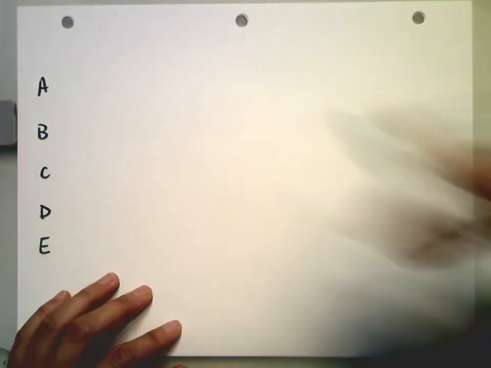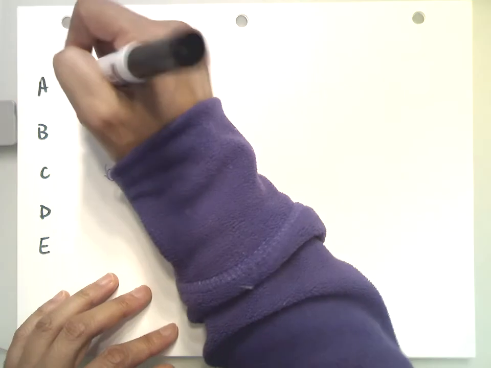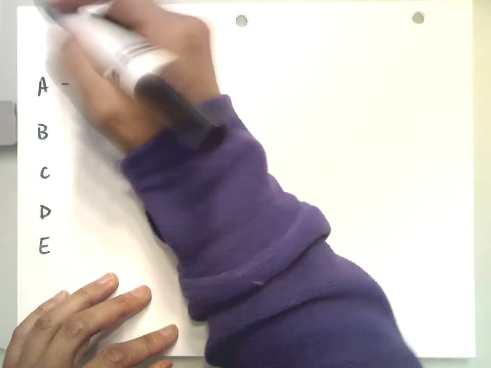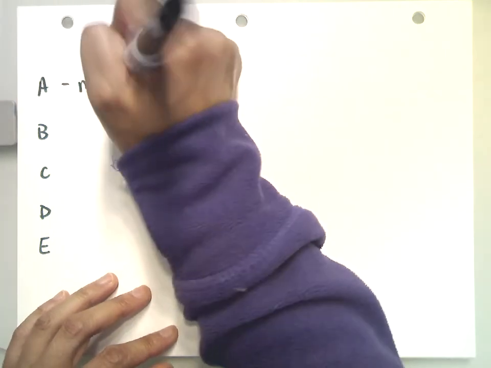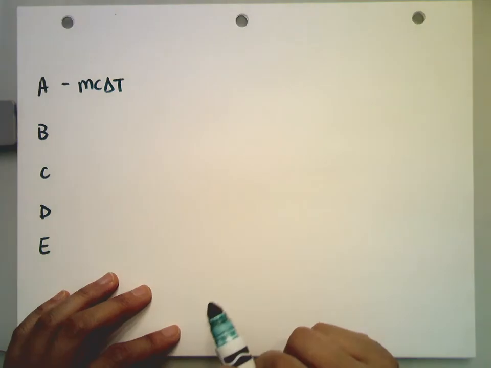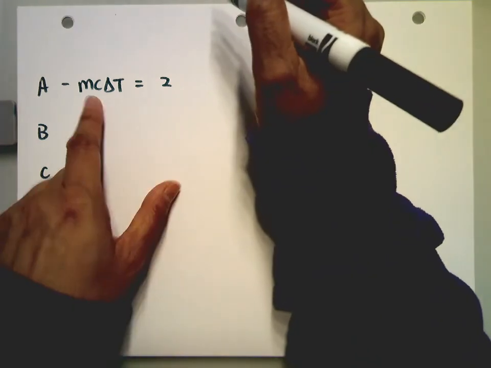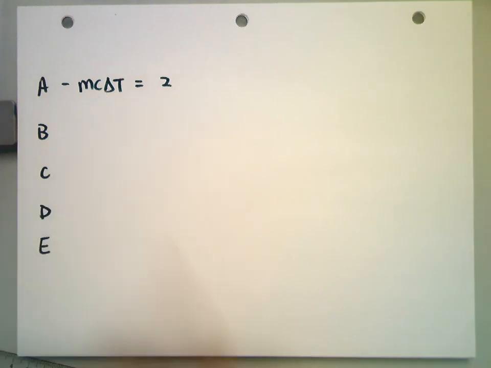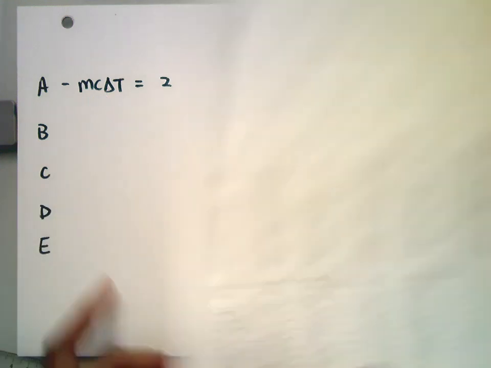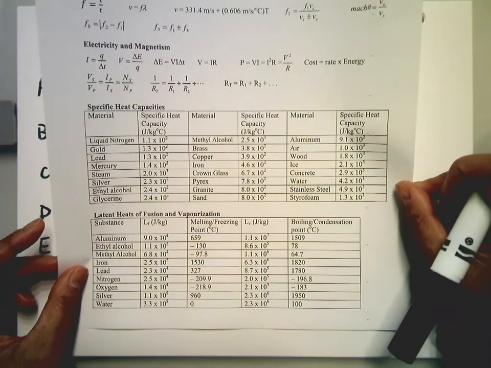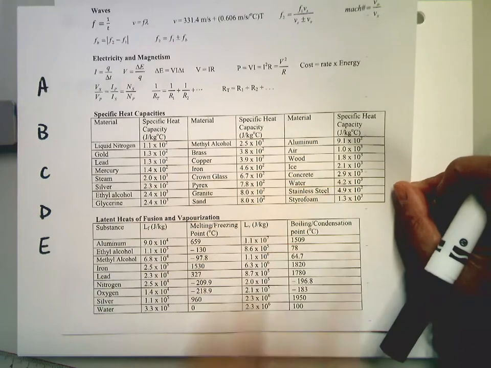All right, stage A, we are warming up ice. Now, when you warm up ice, the temperature does change, so we have to use this formula over here. When you use this formula, it's a 2 kilogram ice. The heat capacity, let's look up for ice. Heat capacity for ice. Where are we here? 2100.